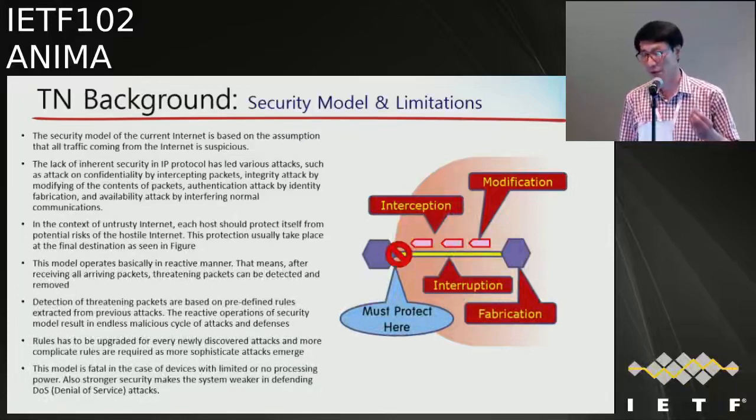So rules have to be upgraded for every newly discovered attack, and more complicated rules are required as more sophisticated attacks emerge. I think most of us understand the current security model. Could you move on to the next slide?